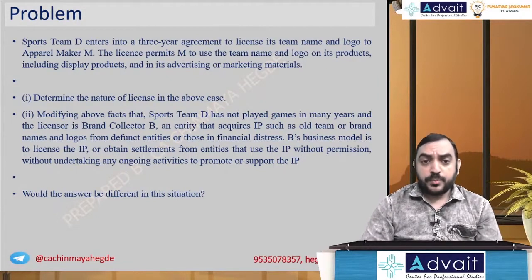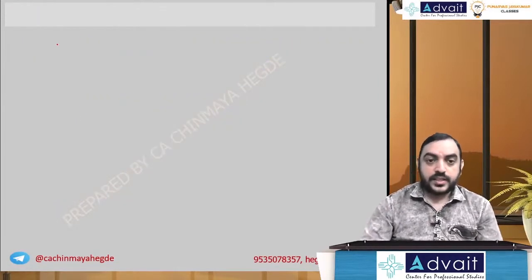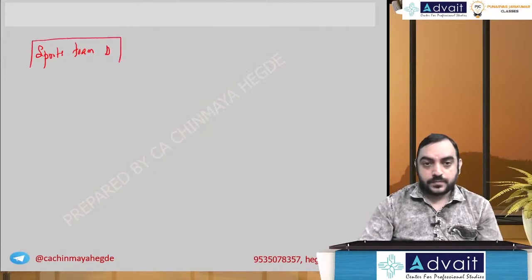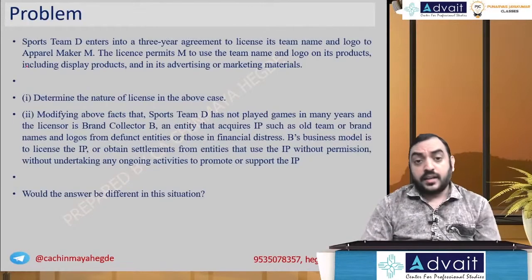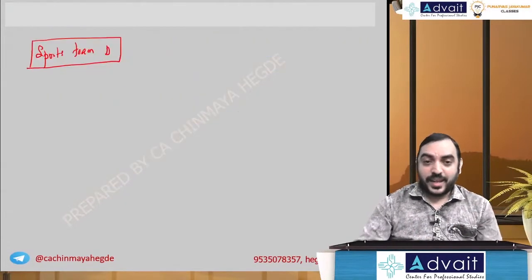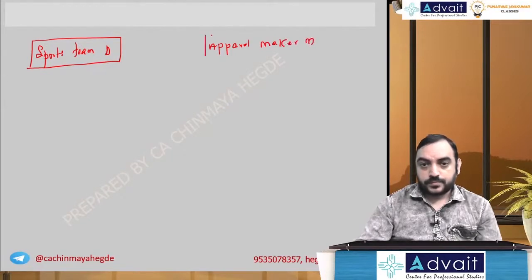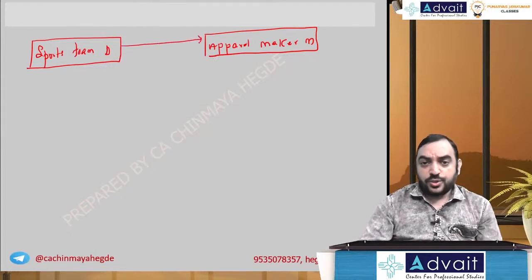Okay, a sports team D. Sports team D enters into a 3-year agreement to license its team name and logo to apparel maker M. Apparel maker M. So they have given the right to use the team name.